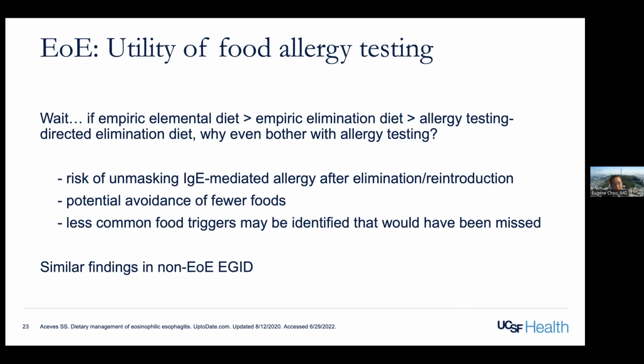If they only have to avoid 1 or 2 foods instead of 4 or 6, they're quite a bit happier, even if they give up some efficacy. Second, depending on the size of the food allergy panel you do, you may identify a less common food trigger that would have been missed if they had just empirically jumped into a 4-food or 6-food elimination program.